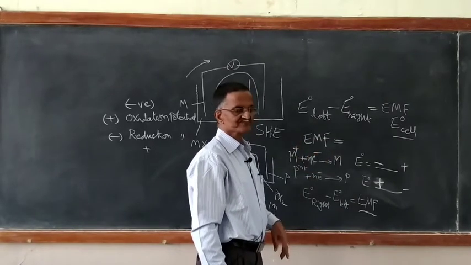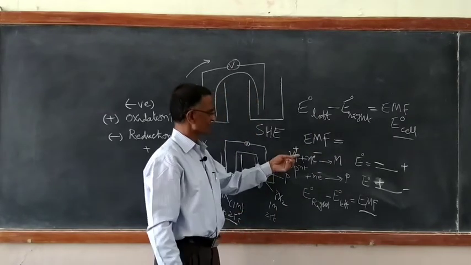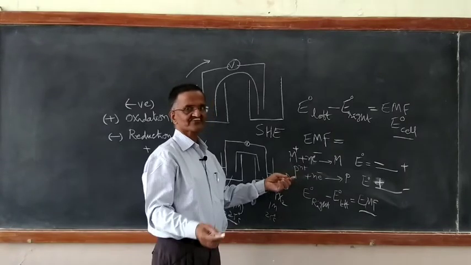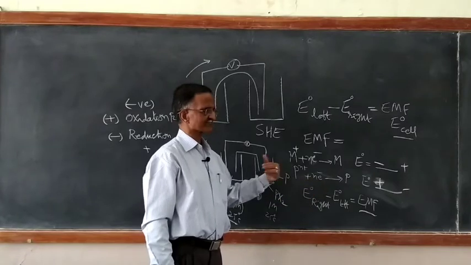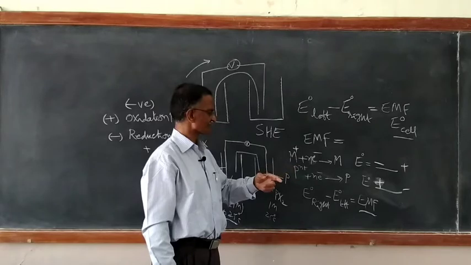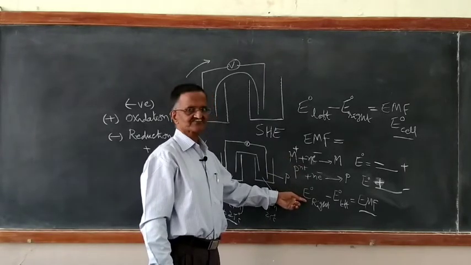Clear? So, be ready to understand in what terms the electrode potentials are mentioned. If I want to have both of them in one term, what should I do? I have to analyze whether it is the oxidation value or the reduction value that is given, and if I want to have the same terms, what should I do?